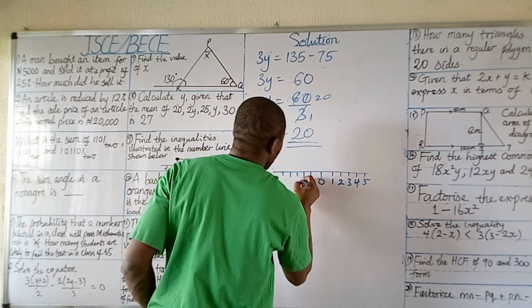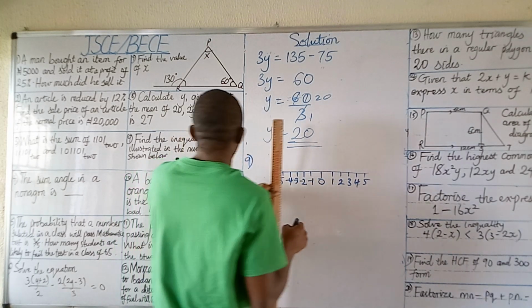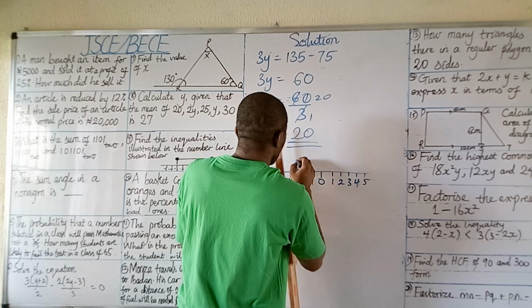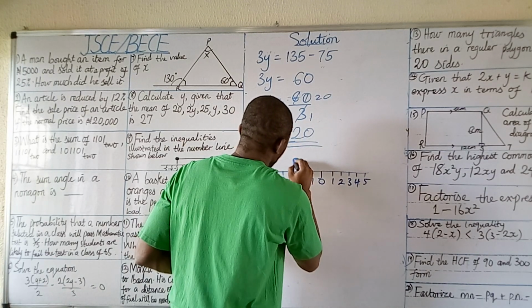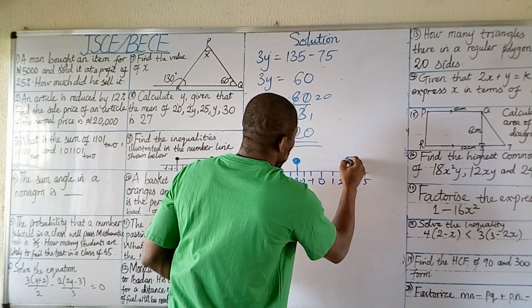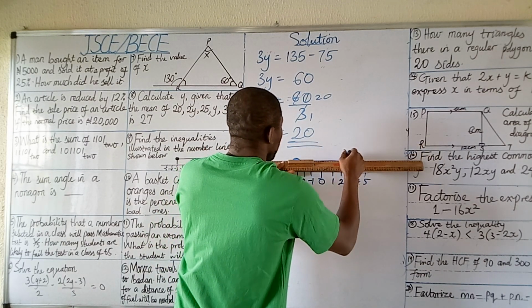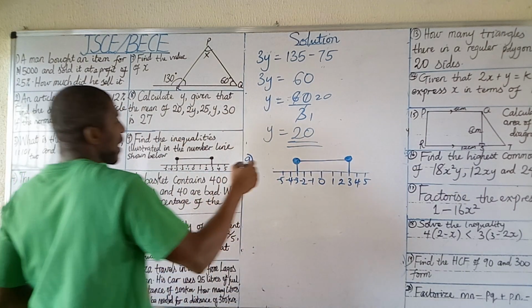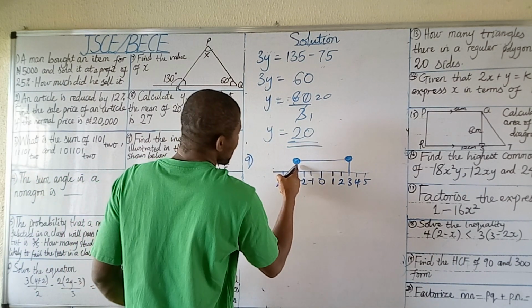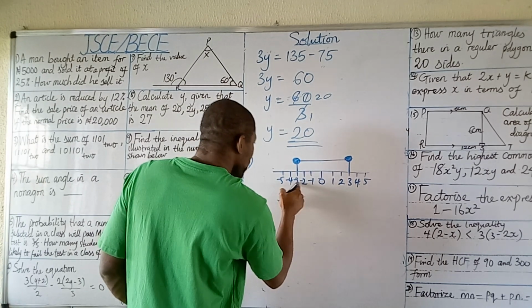We have minus 1, minus 2, minus 3, minus 4, and minus 5. Up here we have it shaded, also shaded and linked.